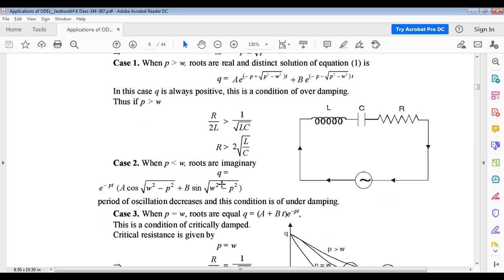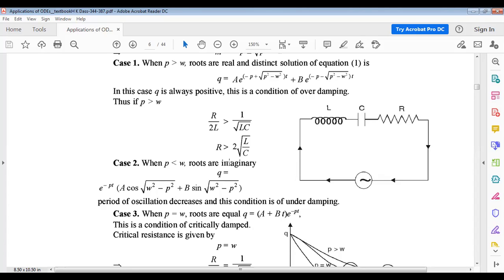We must know how to write the solution in a constant coefficient equation if the roots are complex, because p less than omega means the roots are in complex form, that means imaginary.